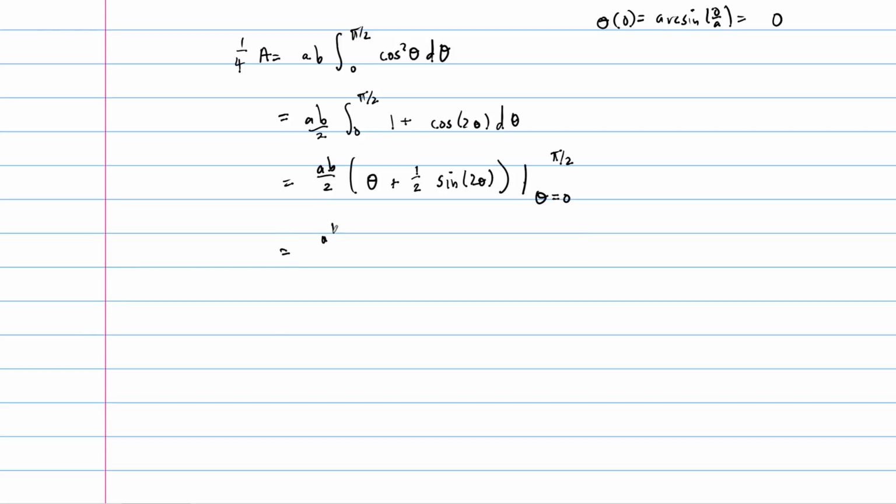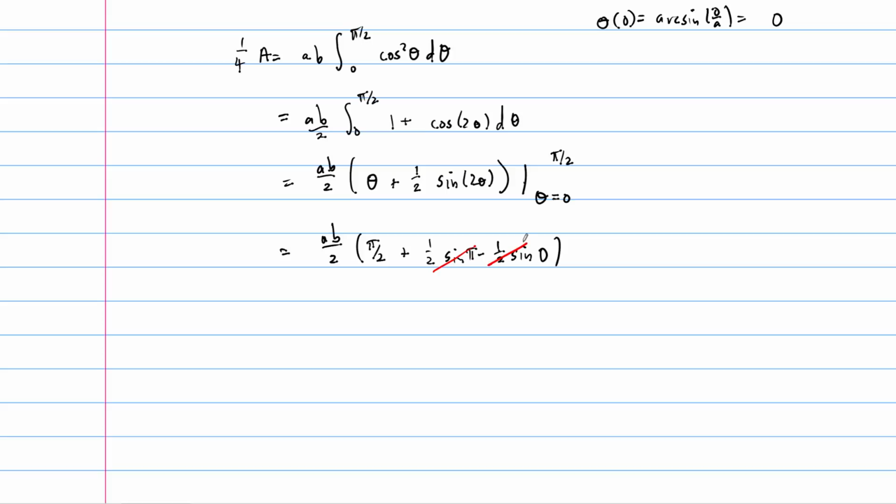So the first part, we have this ab over 2 just hanging out. Then we have pi over 2 minus 0 plus the sine function evaluated from 0 to pi. Let's just plug in and see what happens, right? So this is going to be 1/2 sine of pi minus 1/2 sine of 0, but those are both 0.